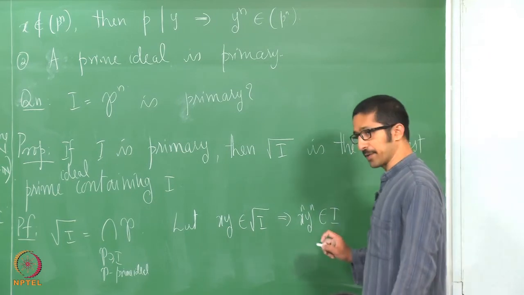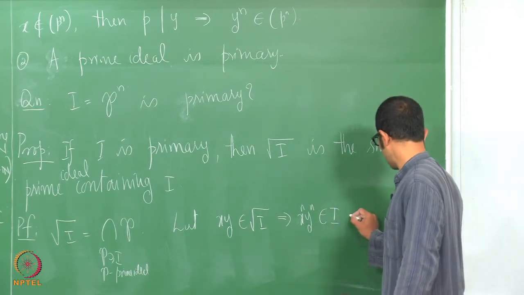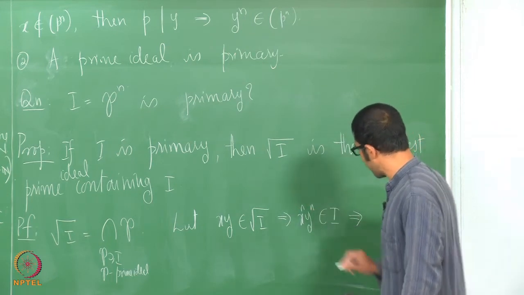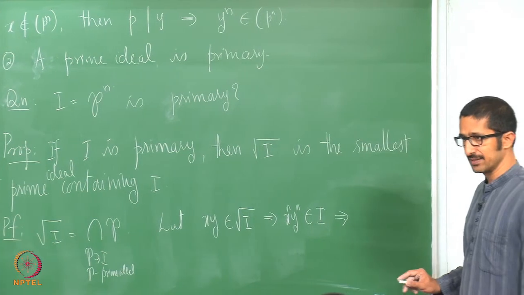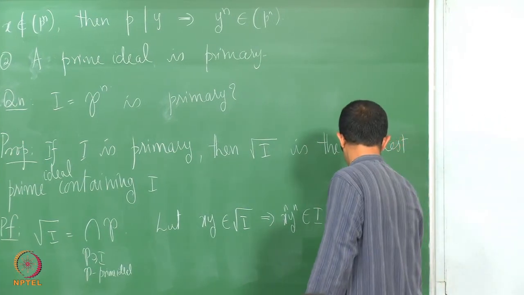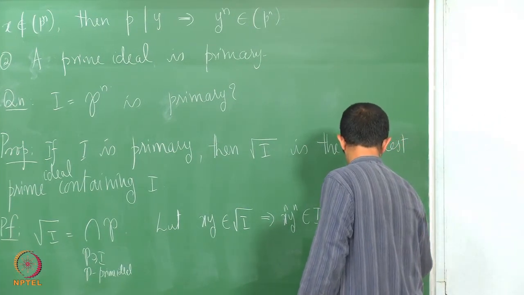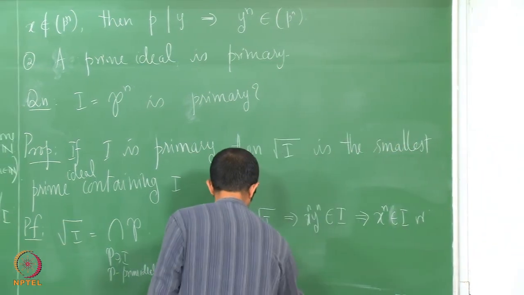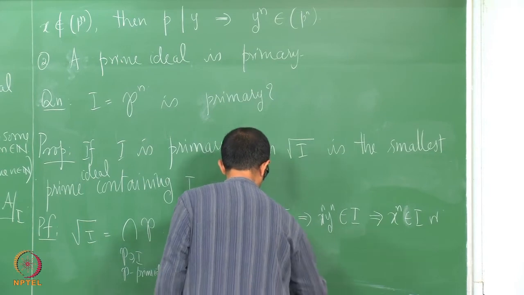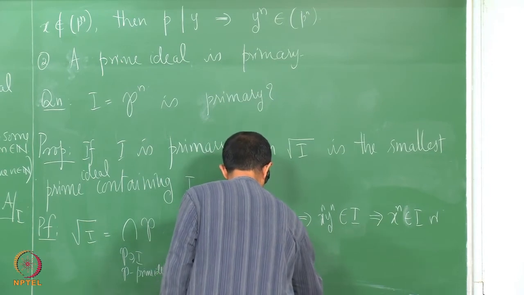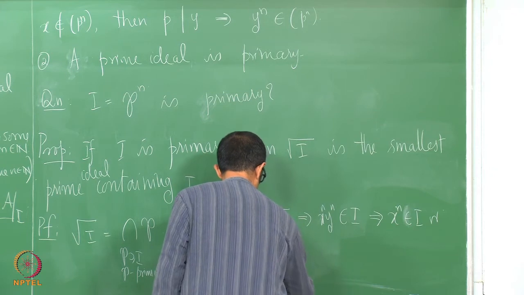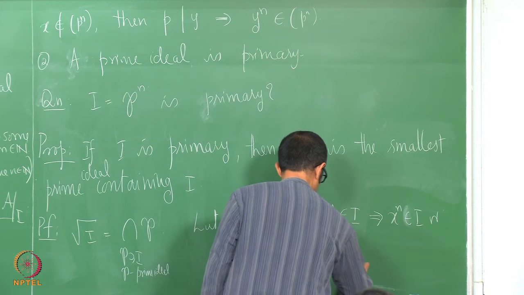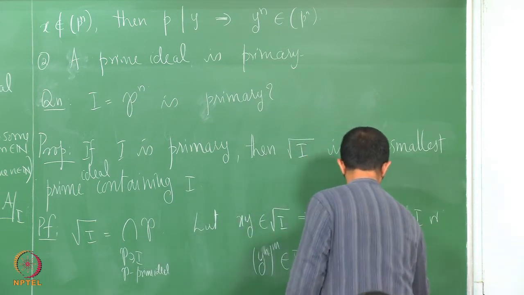Now I is primary, that means either x power n belongs to I, or y^n whole power some m belongs to I for some m.